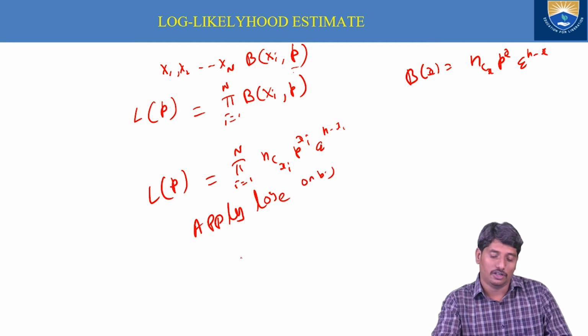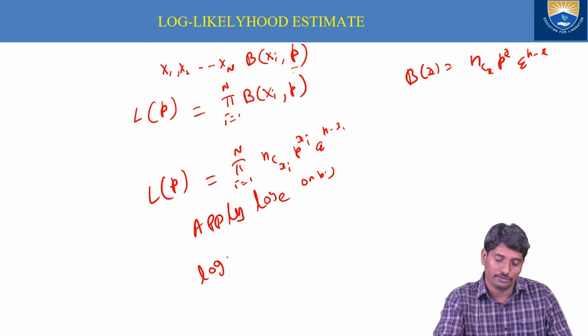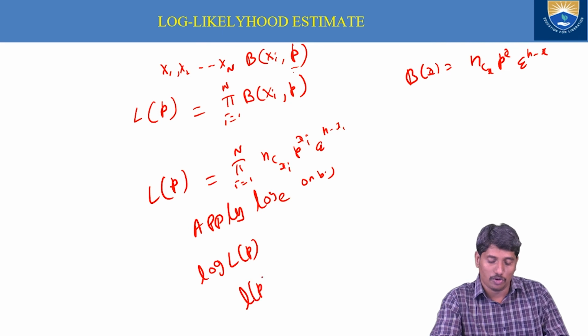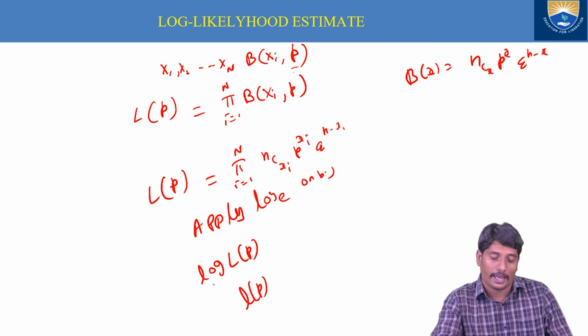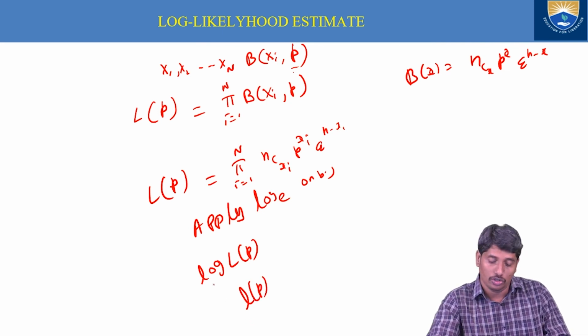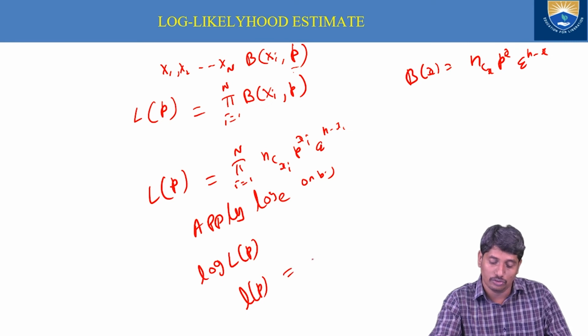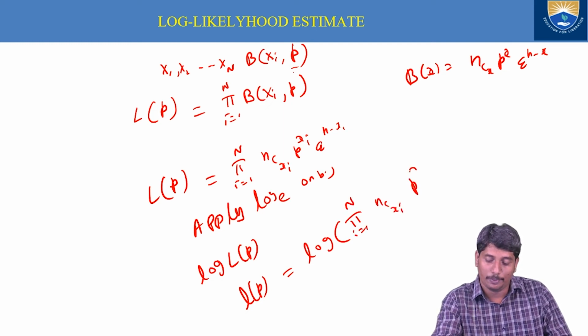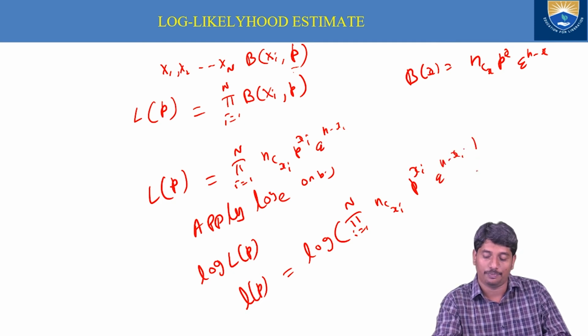Now you know that the logarithm of the maximum likelihood is called the log likelihood function, that is small l. Small l denotes log likelihood and capital L denotes maximum likelihood. So small l(p) is equal to, when you apply log of the product for i equal to 1 to n of nC xi p power xi q power n minus xi.